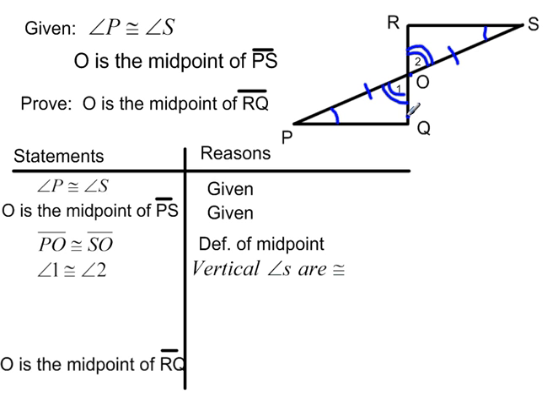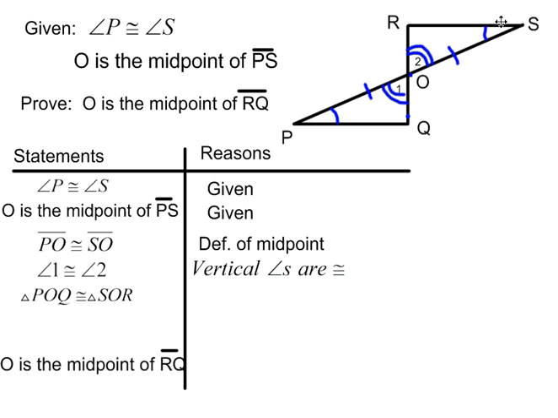I'm going to think, okay, what I'm going to do first, I will show that triangles are congruent, then I will show that these two segments are congruent, and therefore point O is going to be the midpoint. And so my first claim would be that triangle POQ is congruent to triangle SOR.